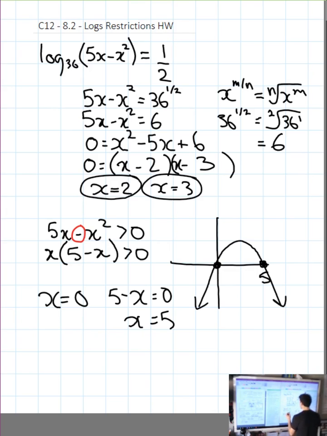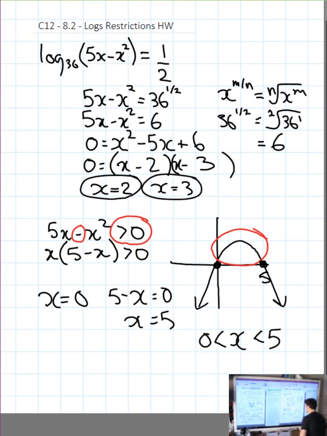Now where is this thing greater than 0? Well, that's where the y values are greater than 0, and that's here. And the domain restriction is 0 less than x less than 5. So I know that my answers need to be between 0 and 5. X equals 2, correct.